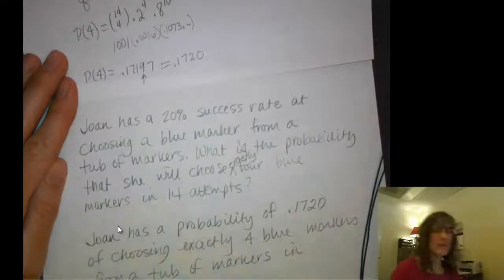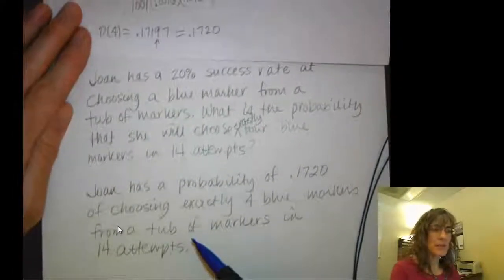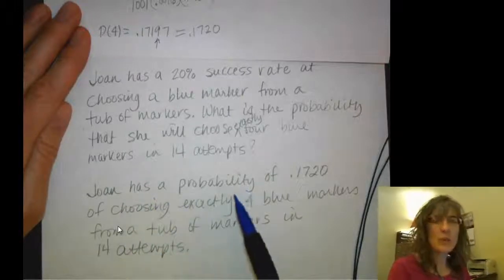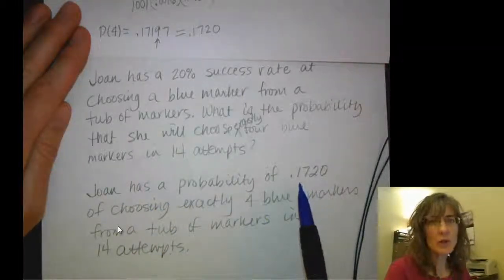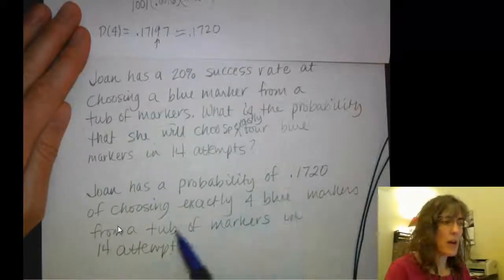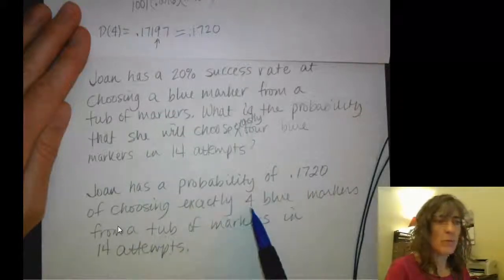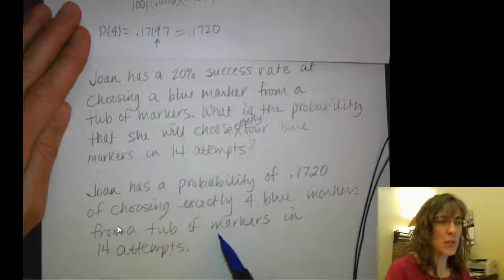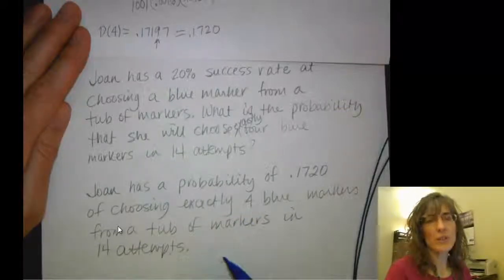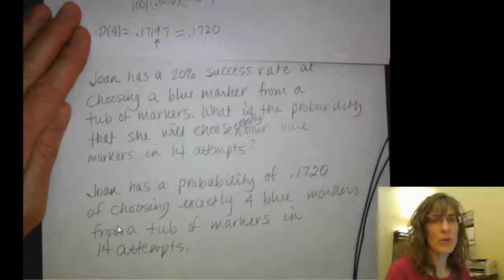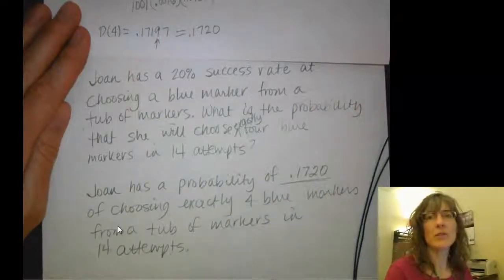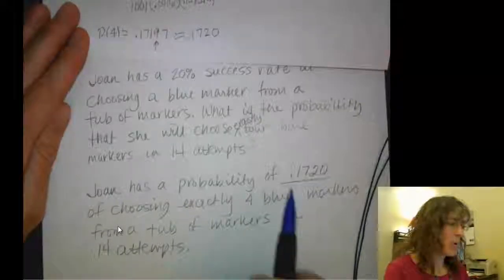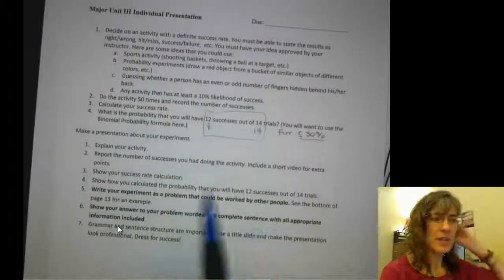Okay, so now I've phrased my solution. Joan has a probability of 0.1720. Remember, probabilities are expressed as decimals. Of choosing exactly 4 blue markers from a tub of markers in 14 attempts. So 4 out of 14, that's what I came up with, my 0.1720.